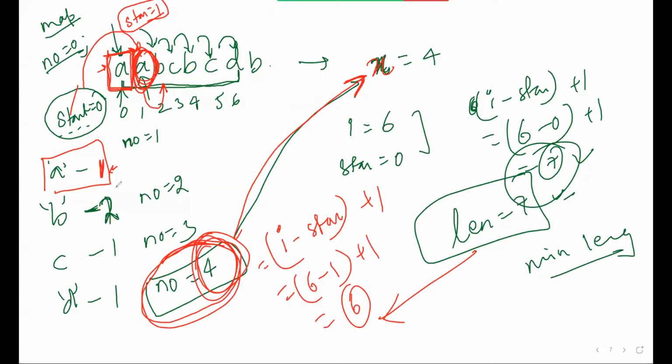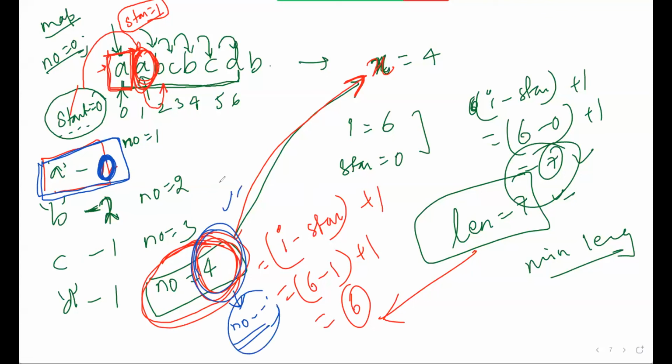I'm leaving it. So when I leave that, the frequency of A changes to 0. Now there is a difference. I lose one character, so I also have to update this: I'll do no minus minus. So my number of distinct characters changes to 3.